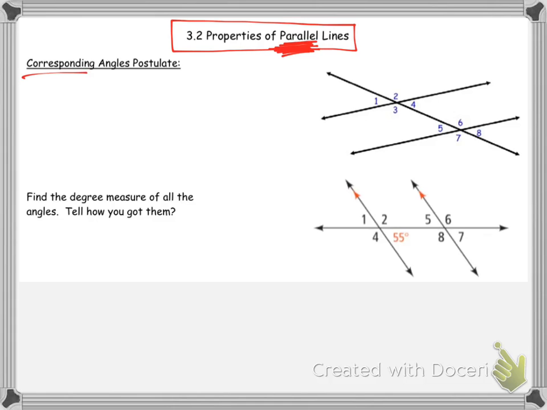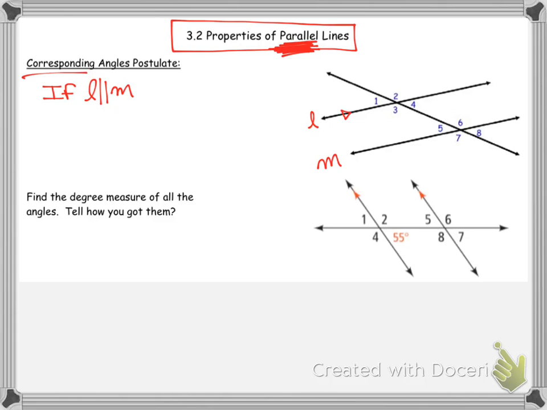Let's look at the following corresponding angle postulate. Now, we learned pairs of corresponding angles and what exactly those are yesterday. Today, we're going to say, what if line L is parallel to line M? I'm going to denote this line L, and this line M, and we're going to say that they're parallel.